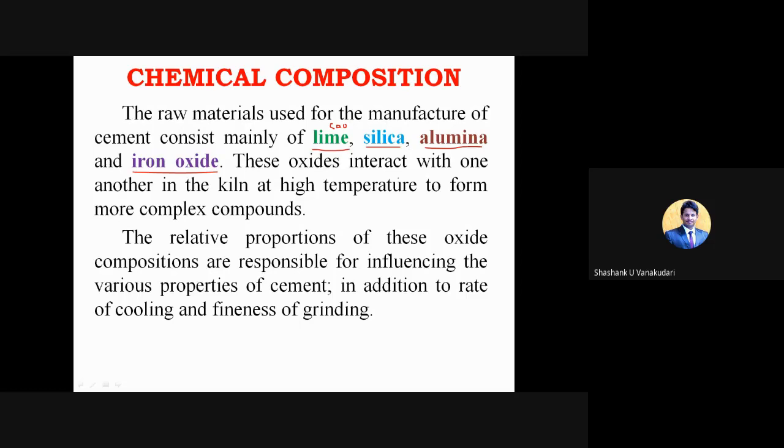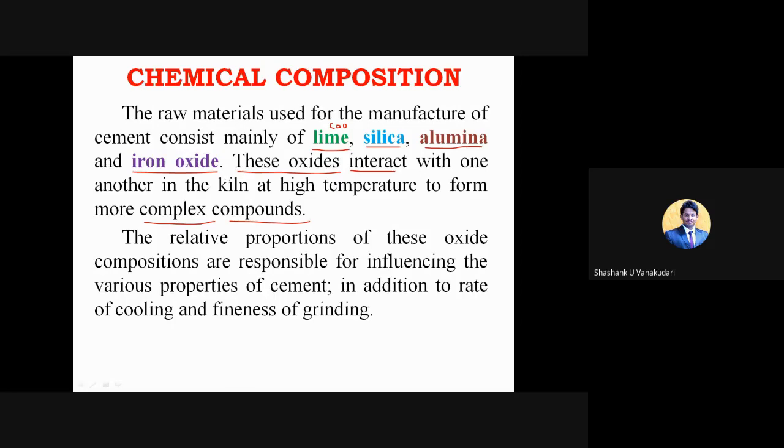These oxides that we have studied interact with one another in the kiln at high temperature to form more complex compounds. You know the procedure part of the manufacturing process. They take the raw materials, add the water, and send that to the rotary kiln.